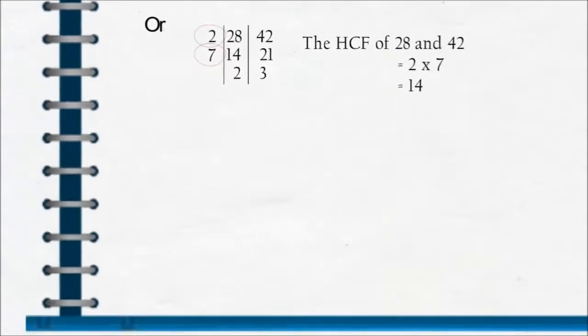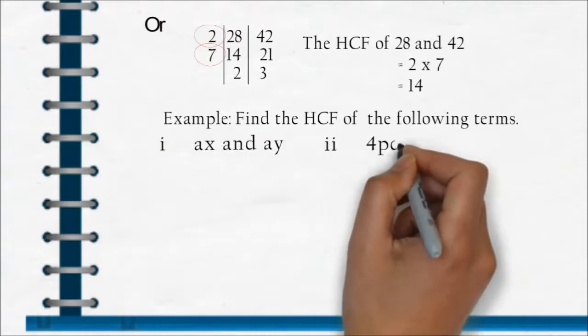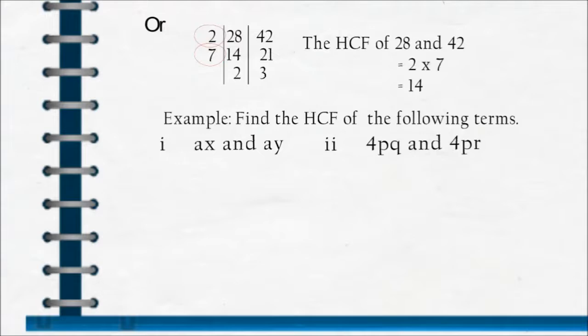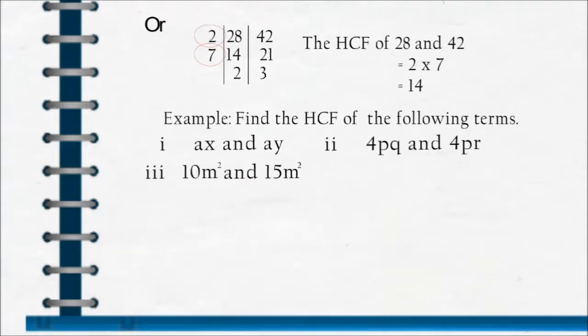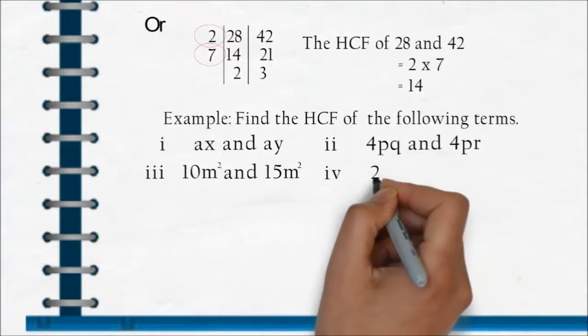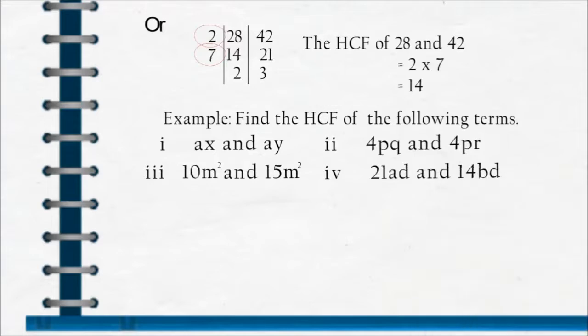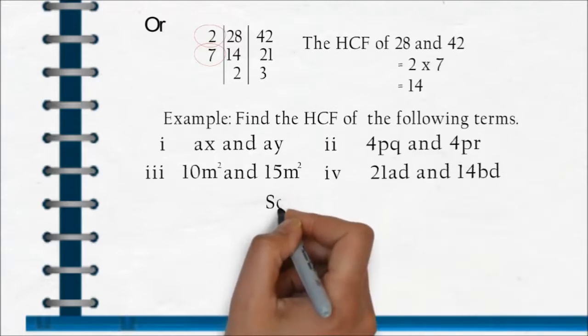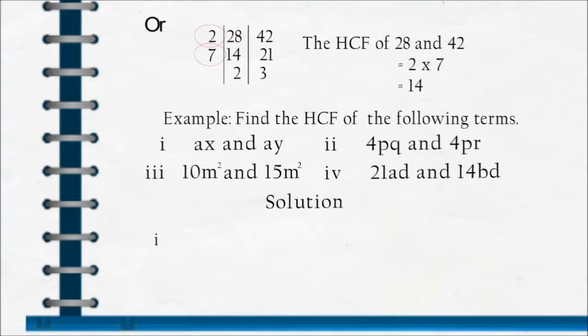For example, find the HCF of the following: 1, AX and AY; 2, 4PQ and 4PR; 3, 10M square and 15M square; 4, 21AD and 14BD. Alright, so we're going to adopt the steps we used in the previous example.